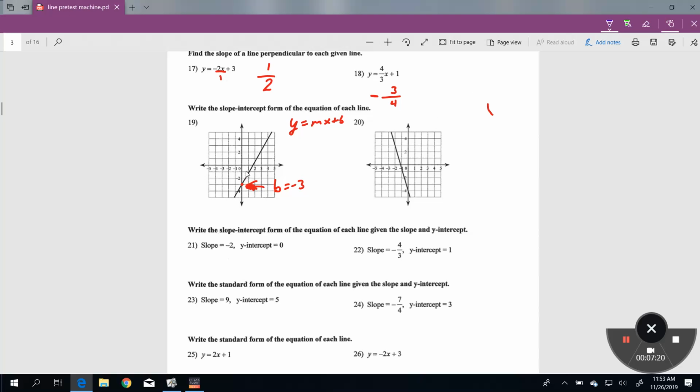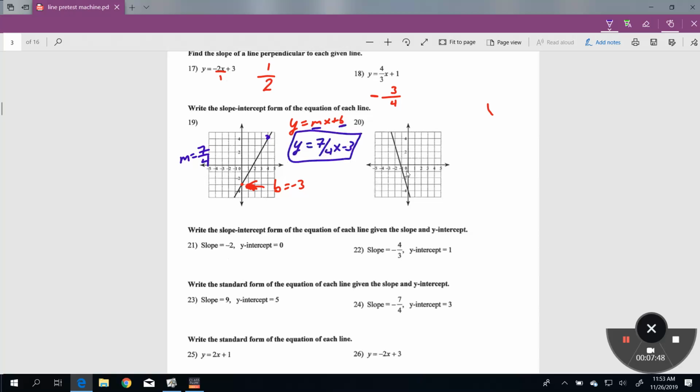So I'm going to go up 1, 2, 3, 4, 5, 6, 7 over 1, 2, 3, 4. So my slope is 7/4. So now all I have to do is replace the m and the b. So y equals 7/4 x minus 3.